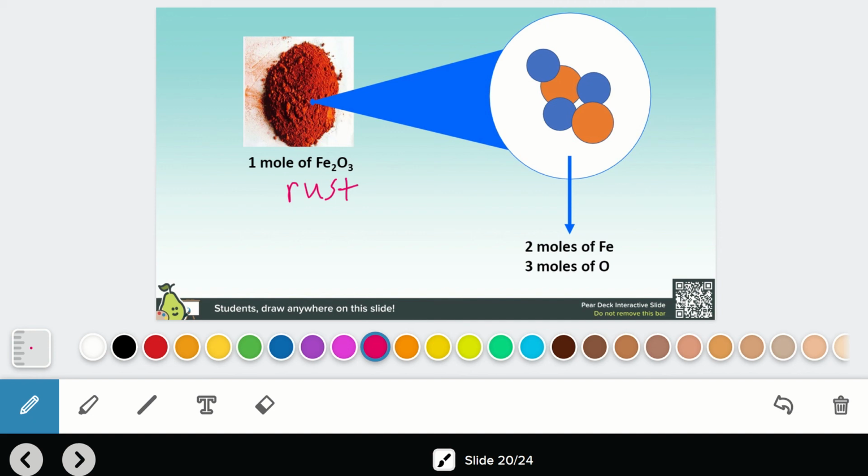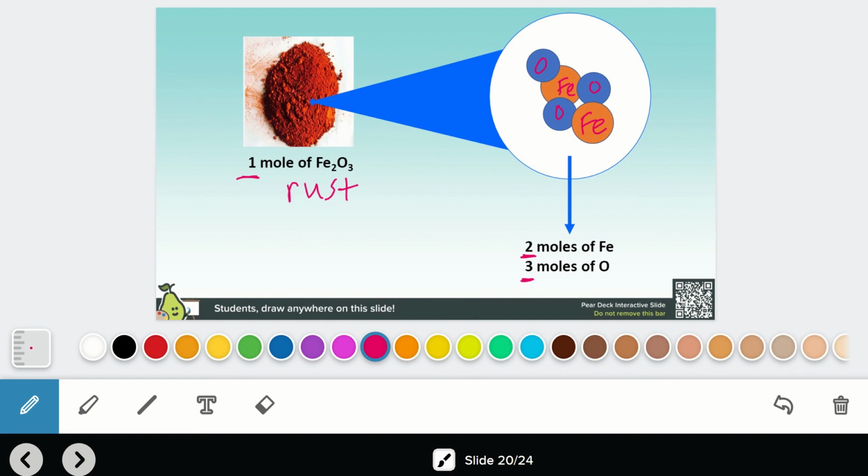Now, if we were to zoom into that, we would see that if we had one of those particles, there are 2 iron atoms, the orange ones, the iron is what makes it orange, for every 3 oxygen atoms. So if I had a mole of this chemical, then I have 2 moles of iron and 3 moles of oxygen. It's going to translate into moles, those numbers of each element.